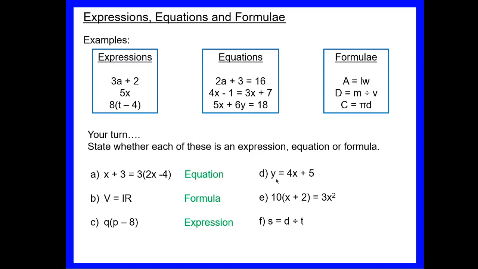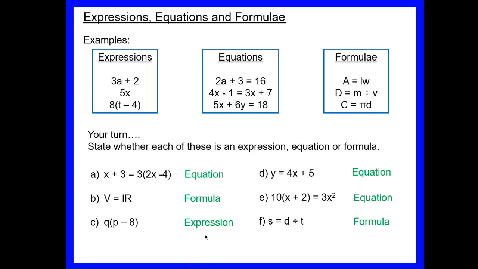For D then, again, we've got some letters, but we've got an expression linked to another letter, so that's an equation. Here, an expression linked to another expression, so again an equation. And here, we've got lots and lots of different letters. We would be needing some values to substitute in to find these, so it must be a formula.